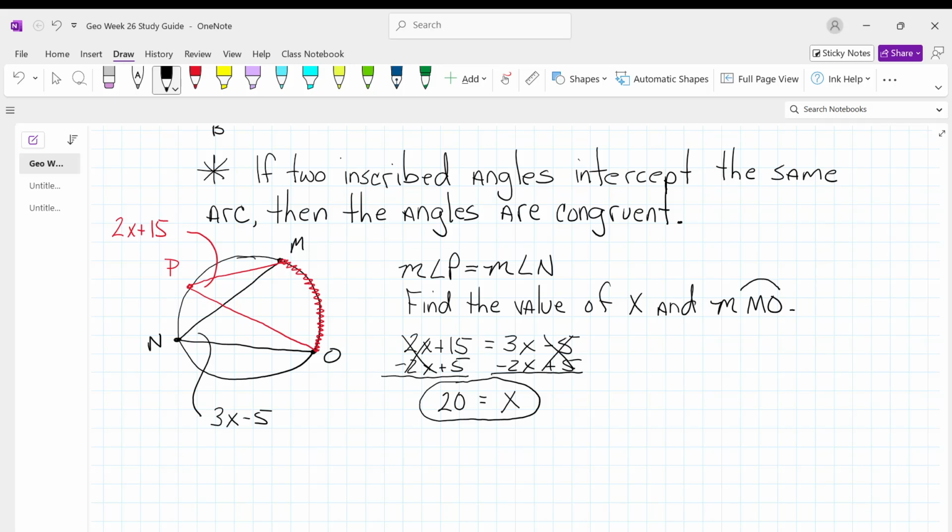So in order to find the measure of arc MO, we need one of these inscribed angles. So I'm going to substitute the measure of P is equal to 2 times 20 plus 15. 2 times 20 is 40 plus 15 is 55 degrees.